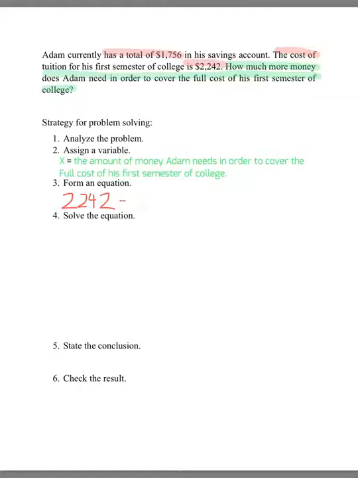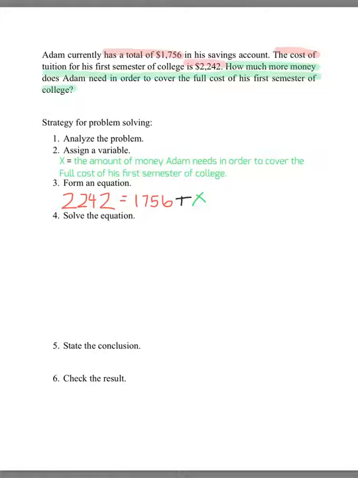However, we know that he currently has $1,756. We know he needs more money, and that's actually the amount that we're searching for. So the equation is whatever it is that he's missing, we're going to want to add that to what he currently has. So now let's see if this makes sense.